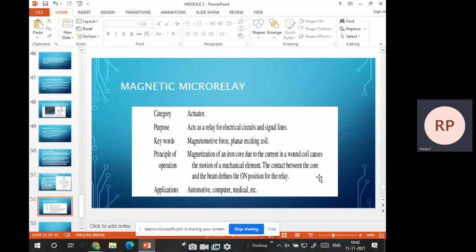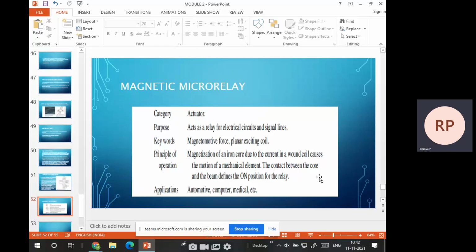Just tell me what you mean by fuse. Be louder. Fuse is a protective device. It senses, it only senses.